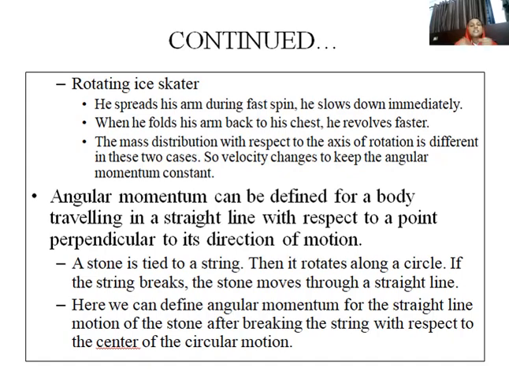Once he extends his arms, the mass distribution with respect to the axis is different. Similarly, if he folds his arms, the mass distribution about the axis is different. That is why he gets different speeds.